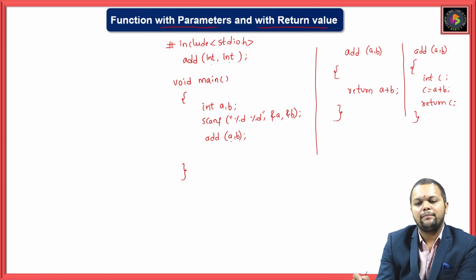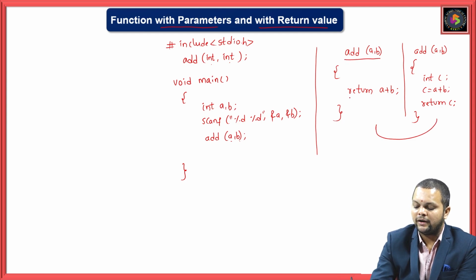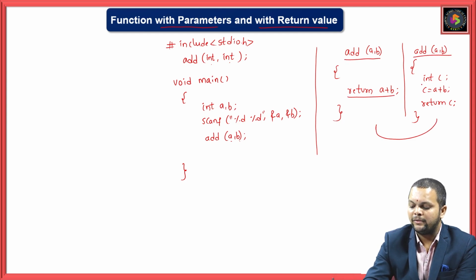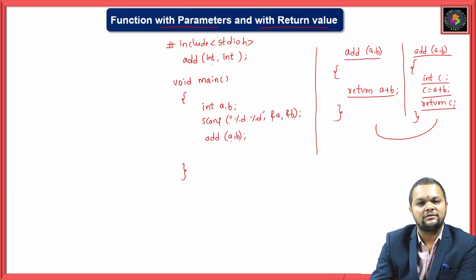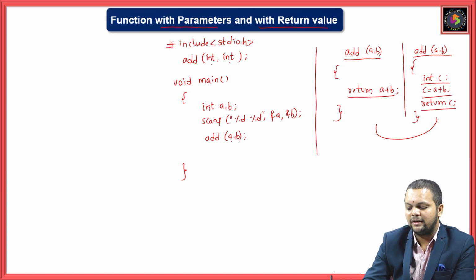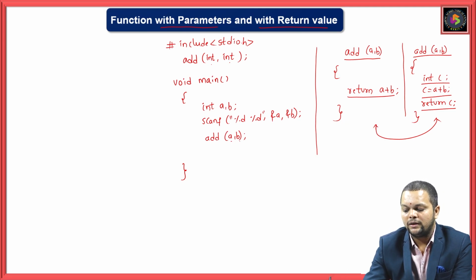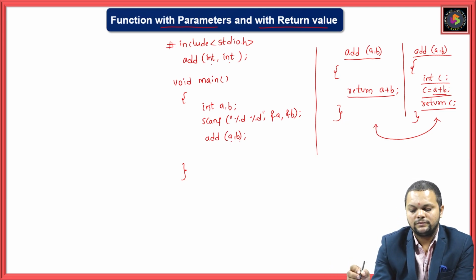Oh, sorry, no semicolon is needed here. Both things hold the same meaning. Either you can have add a comma b and return a plus b, or add a comma b, int c equal to a plus b, return c. No change in the meaning. Everything will give the value of a plus b only. So I'll just write return a plus b.